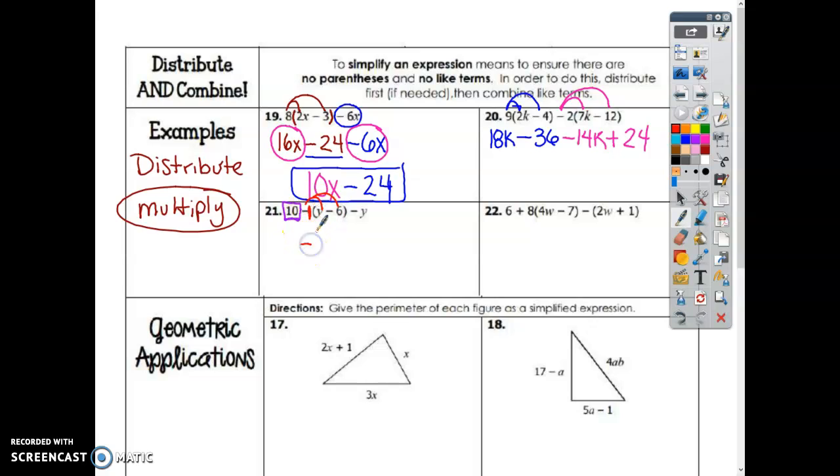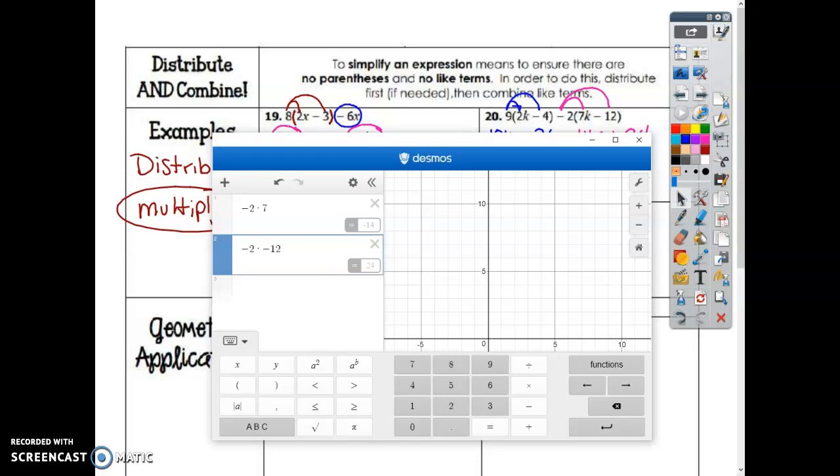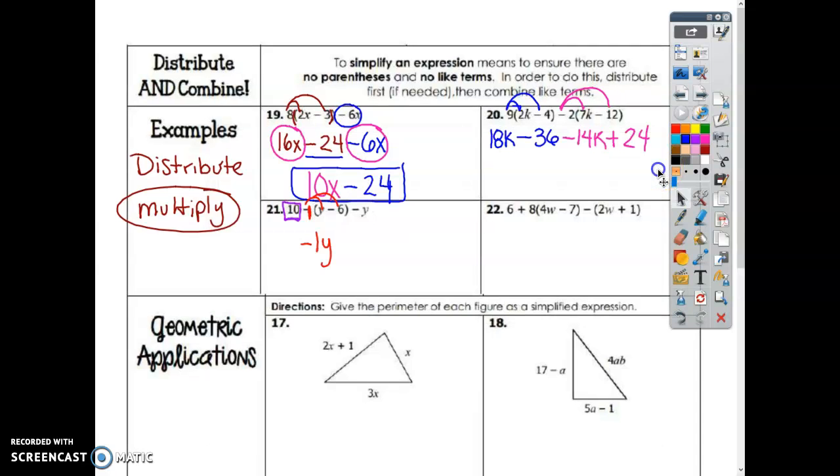That's just negative 1y. What's negative 1 times negative 6? Negative 1 times negative 6 is a positive 6. So right here I'm going to put positive 6.